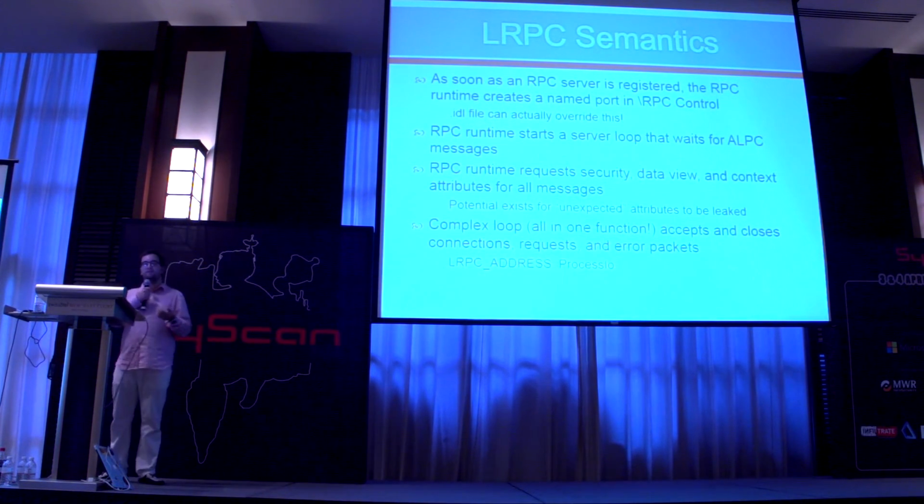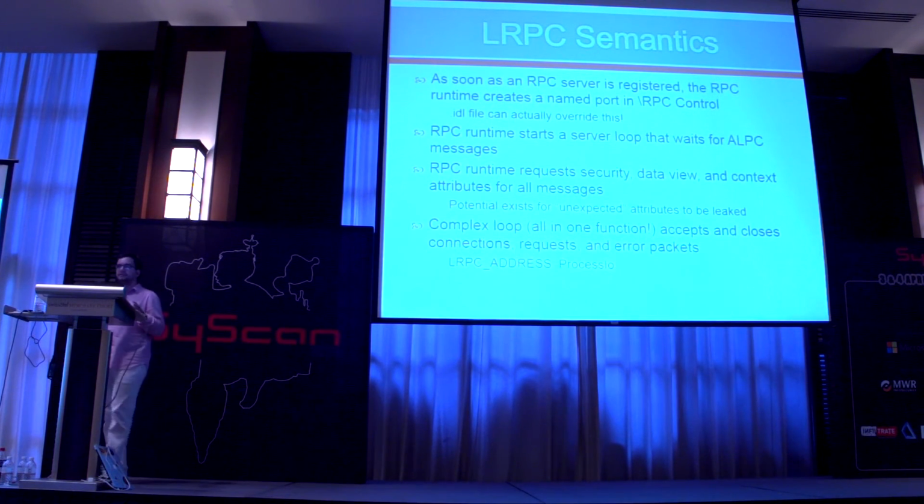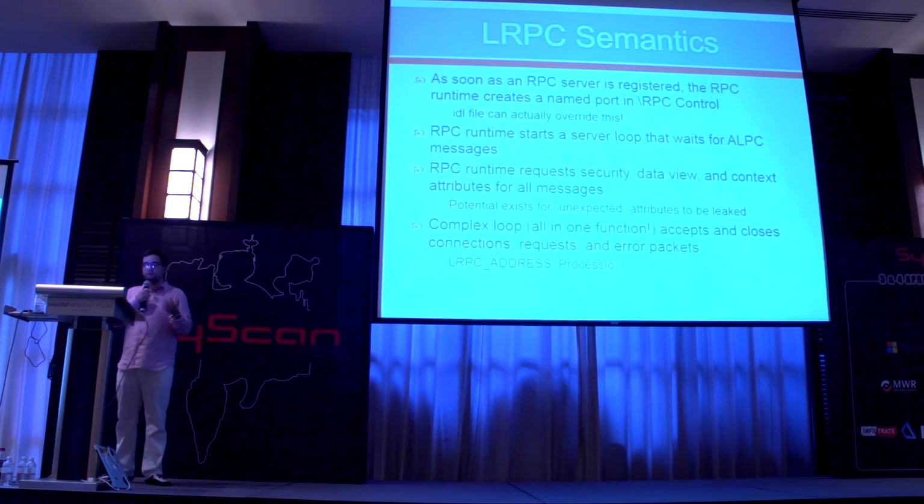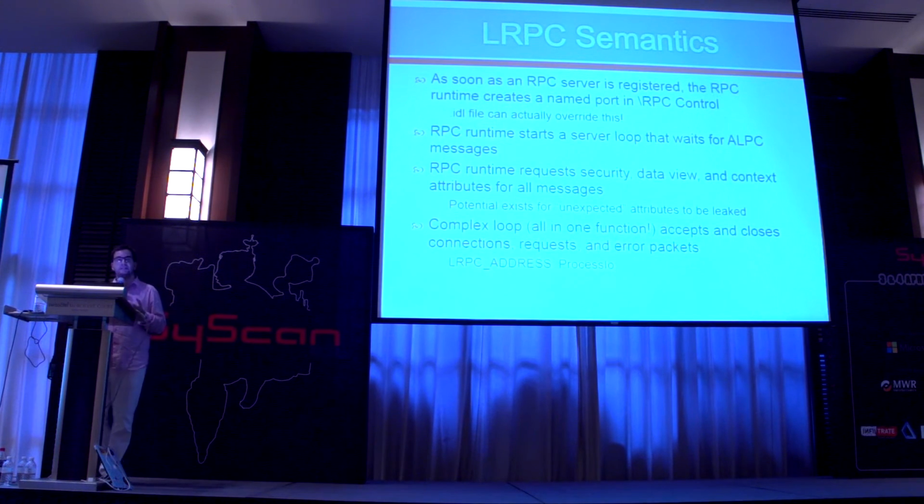And so as soon as you have a server that accepts some messages that have views, and some messages that don't have views, you have to tell it ahead of time, I accept views. And then later on you decide which views you'd like to drop or which views you would not want to drop. And so the potential exists for RPC to receive unexpected attributes and not to receive them.